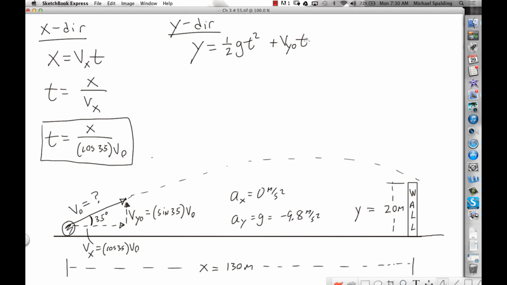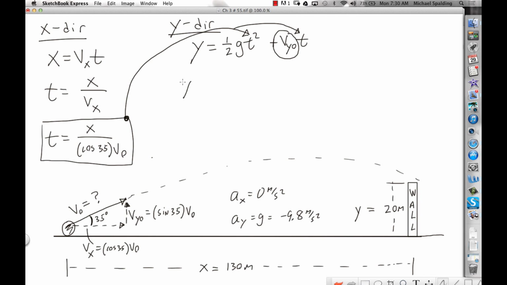So I wrote that kinematic specifically for the y direction, and now let's plug into it. Let's take our equation for time, plug that there, and plug it there. And then also Vy initial. Vy initial is sine 35 V naught.